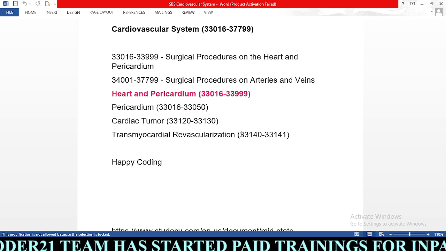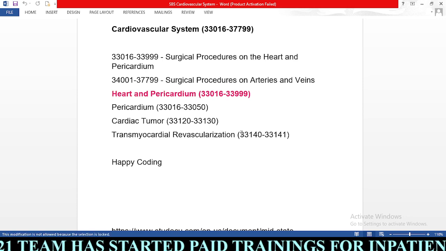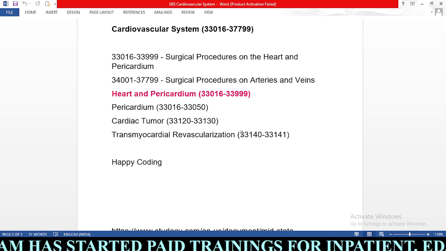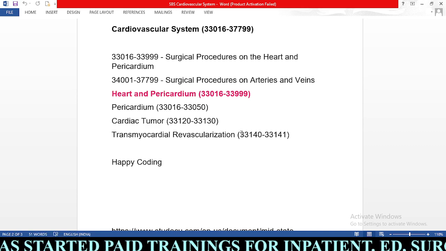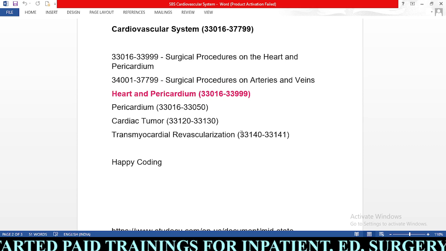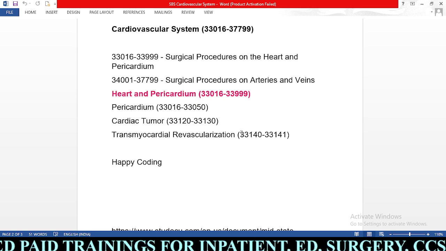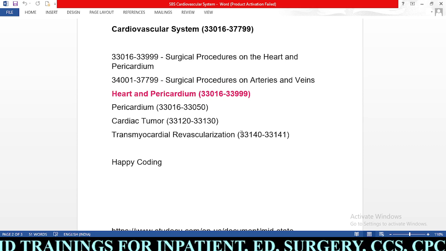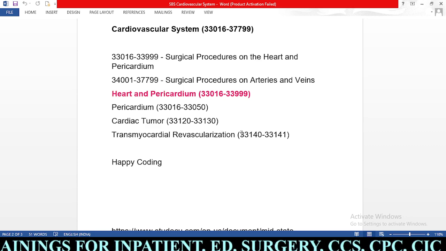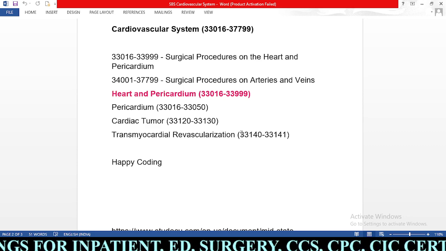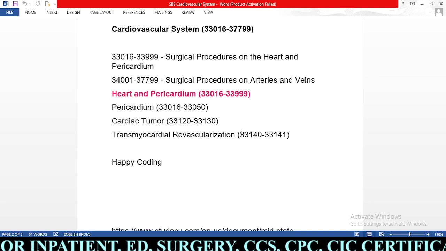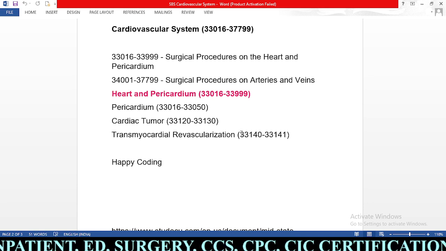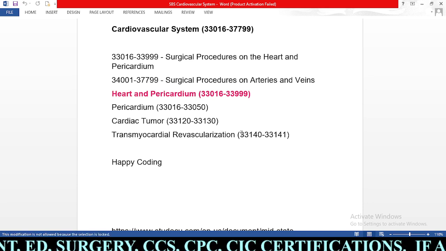So what is pericardiocentesis? It is the first procedure in the pericardium section. Centesis means aspiration or removal of fluid, and pericardio means from the pericardium. So we usually call it pericardiocentesis.